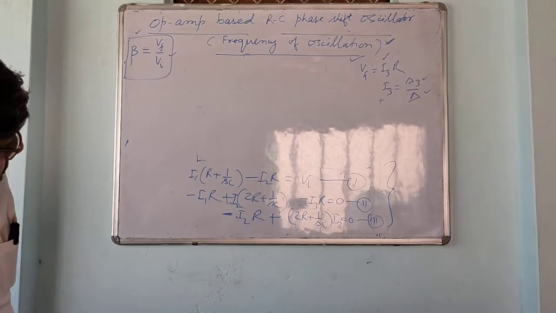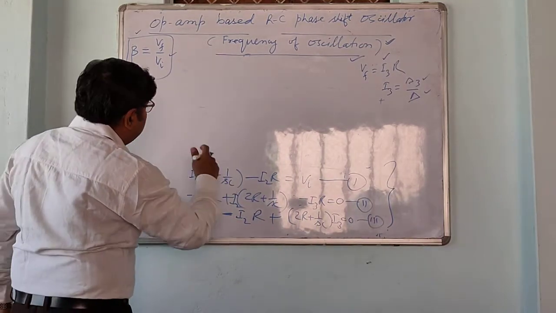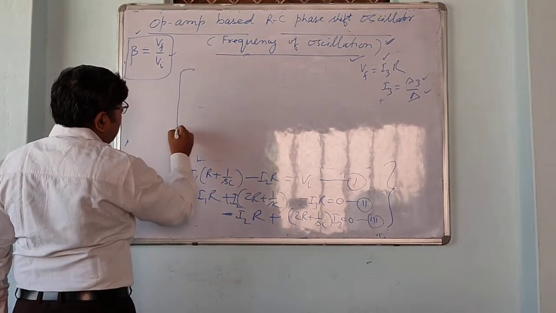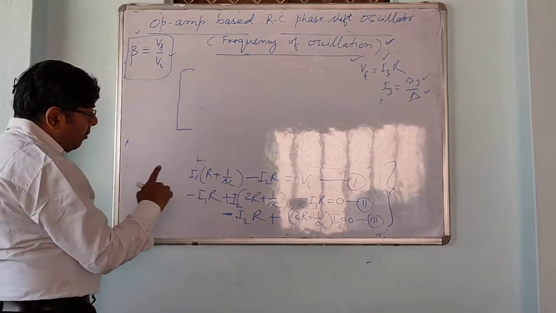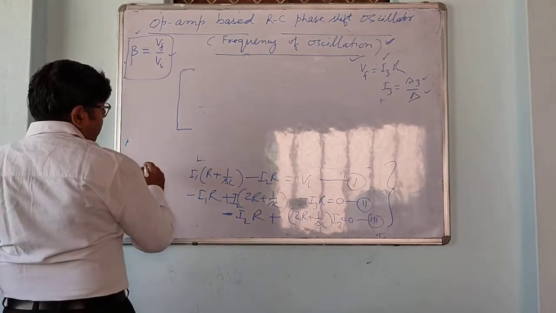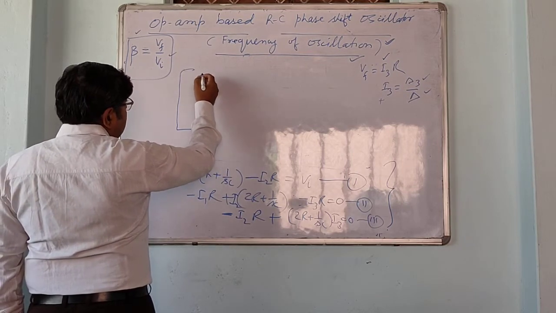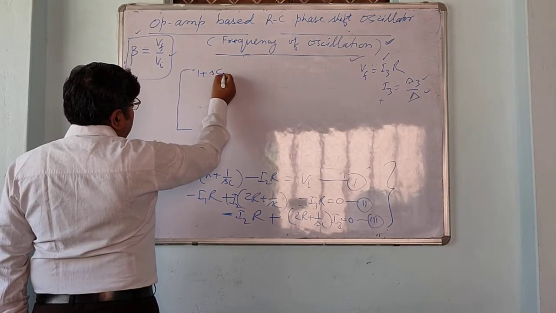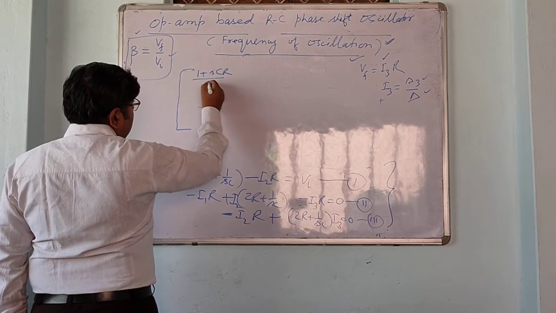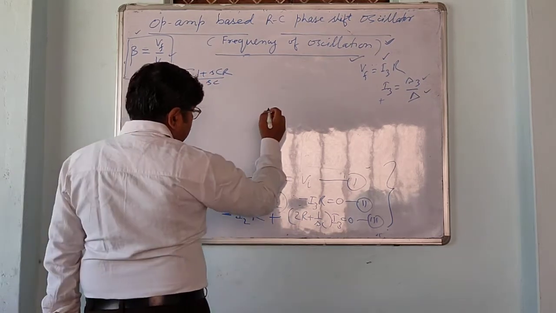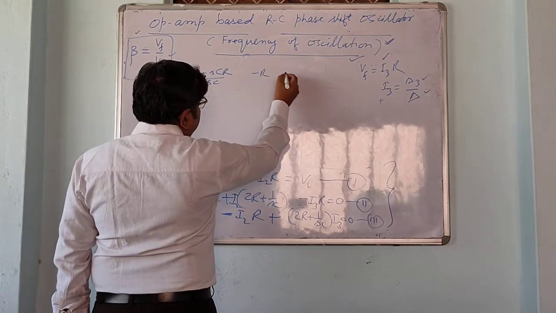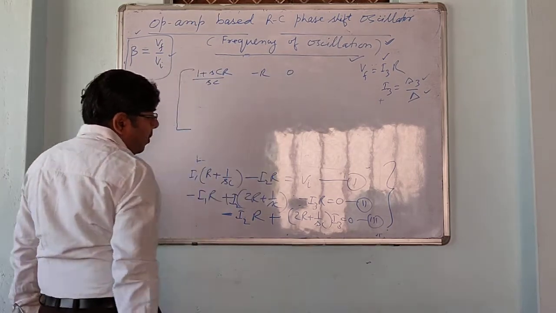So in matrix form, suppose we are combining these equations in matrix form here. From first equation, this is the R plus 1 upon SC, you can write this is 1 plus SCR upon SC. Coefficient of I2, that is minus R, and coefficient of I3 0.